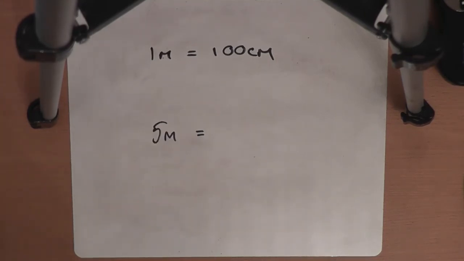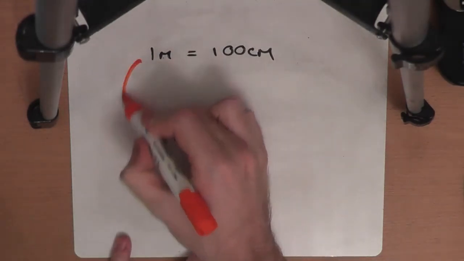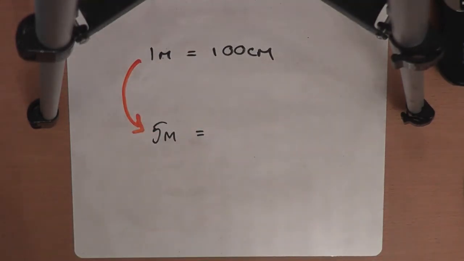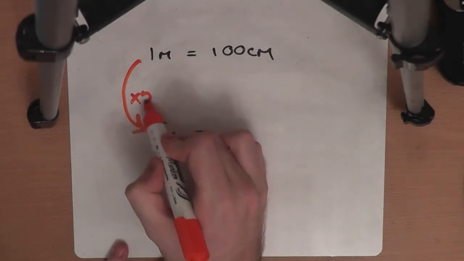The next way we could look at it, we could use stuff that we've done before, ideas that we've encountered before. We could start with our basic fact, 1 meter is 100 centimeters. Say we wanted to know how many centimeters 5 meters was. Or we could set this up as a how have we got from the first fact to the second fact. Well, to get from 1 meter to 5 meters, we need to times by 5.